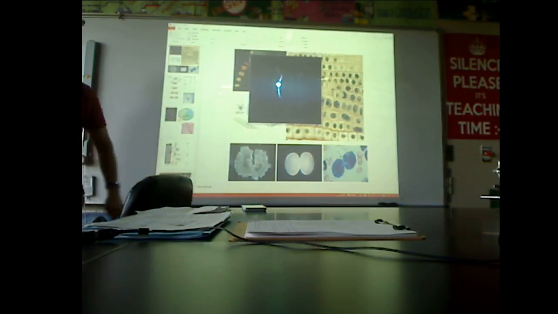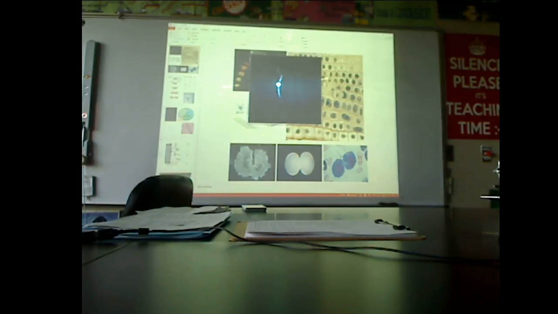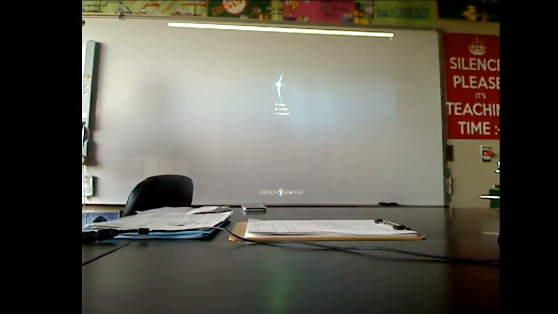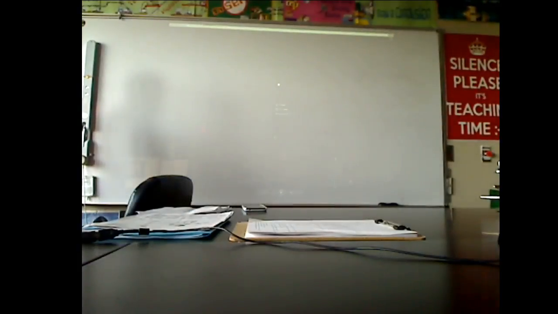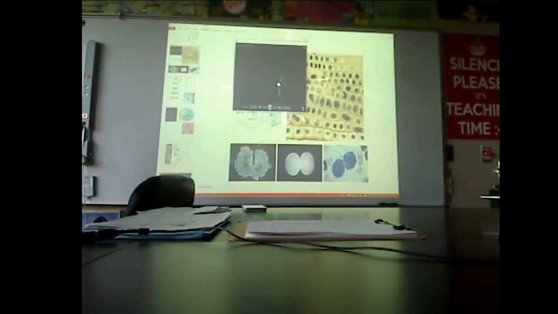Okay. This is a Bioflix about cell respiration. At some point they will play. We hope. Either that or cause my computer to die a miserable death. There it goes. Shh, quiet. There's hope for it still.